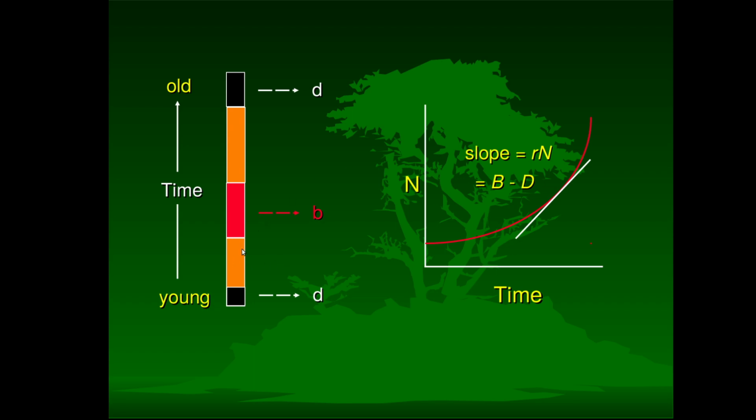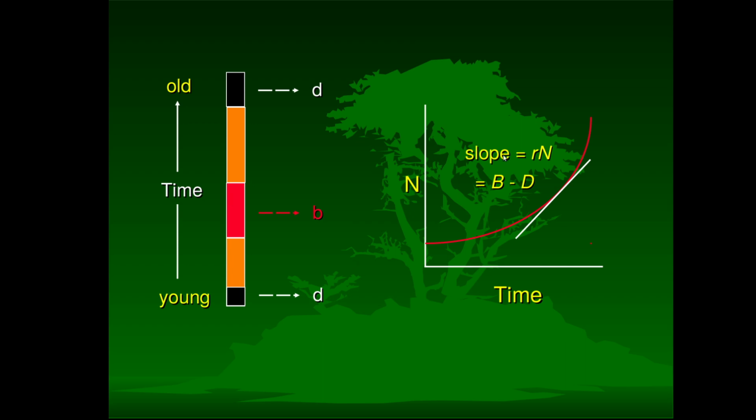All right, so if you look at the lifespan of an individual, these very young contribute only deaths, the very old contribute only deaths to the population trajectory. And intermediate age individuals contribute births.